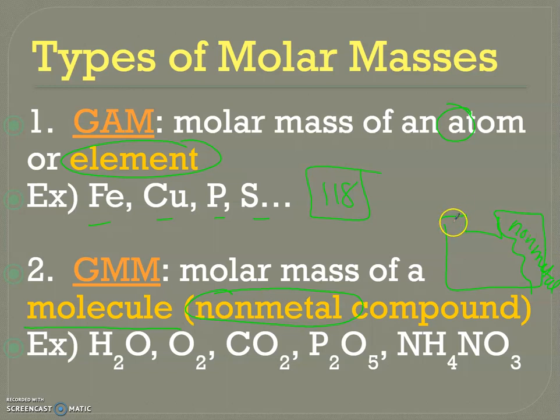So that counts for nonmetals and the exception to everything, hydrogen. So this is H2O and O2. There's more than one oxygen. That's your diatomic molecule of oxygen. CO2, P2O5, NH4NO3. So when you figure out its molar mass, don't forget you have 2 N's here. And then you would have 4 hydrogens, and you would have 3 oxygens.